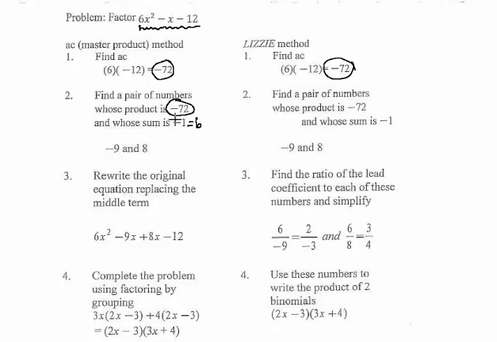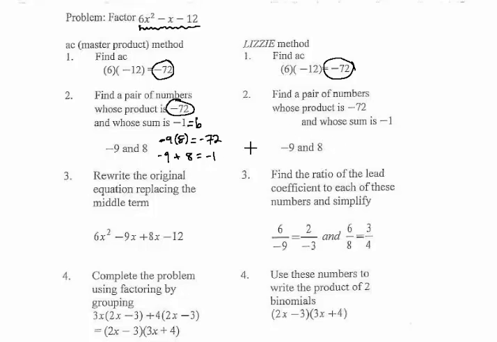I'm not going to write all the factors of 72, but there is a pair of numbers that multiply to give us negative 72: negative 9 times 8 gives us negative 72, and when we add the two together, that gives us negative 1. And negative 1 is B, if you look back up at the top at the trinomial. That's the same step that we do in the Lizzie method.